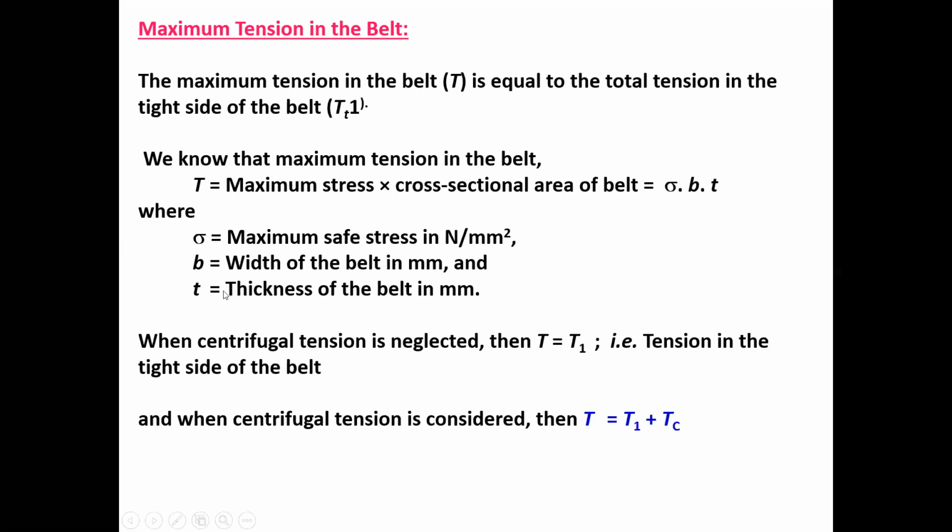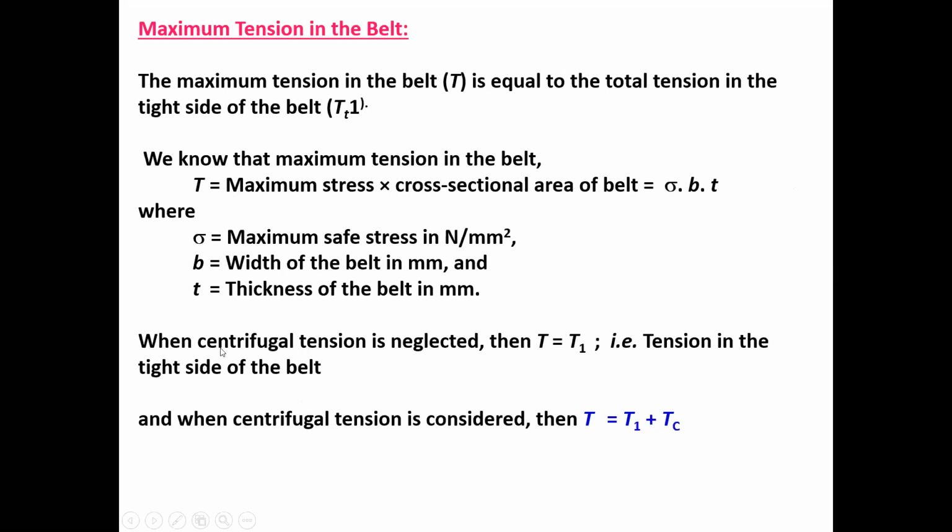Sigma is the maximum stress, b is the width of the belt and t is the thickness of the belt. So to find the maximum tension in the belt, it is sigma b t.